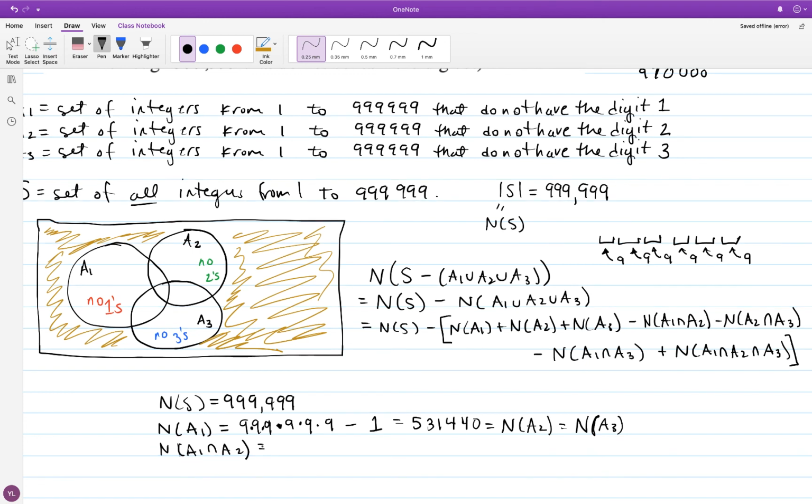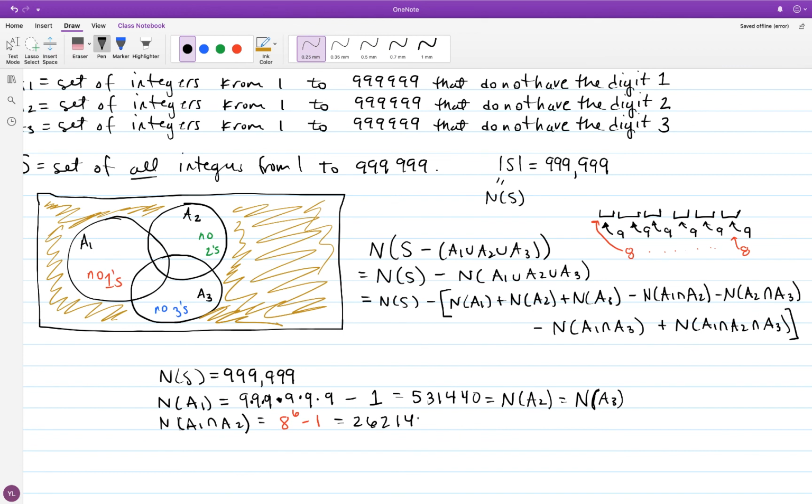So let's try and count up all of the integers that don't have any 1s and don't have any 2s. Well, I go through this decision process, and for the first slot, I'm not allowed to put a 1 or a 2, but I could put a 0, 3, 4, 5, 6, 7, 8, 9. So that is 8 choices all the way down to 8 choices there. But again, I allowed 6 zeros, so I have to subtract that count. So that's going to be 8 to the power 6 minus 1. And that's going to be, of course, the same as the other pairs.